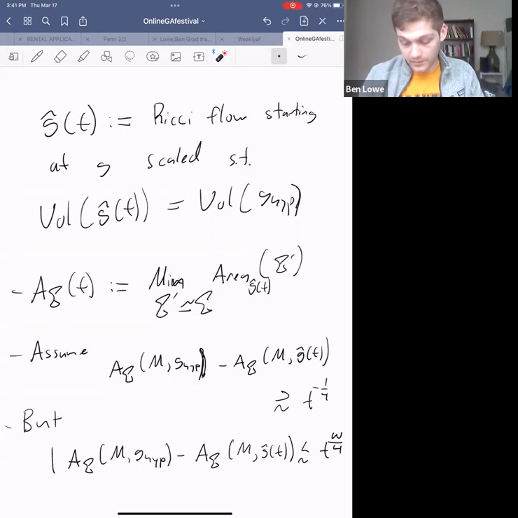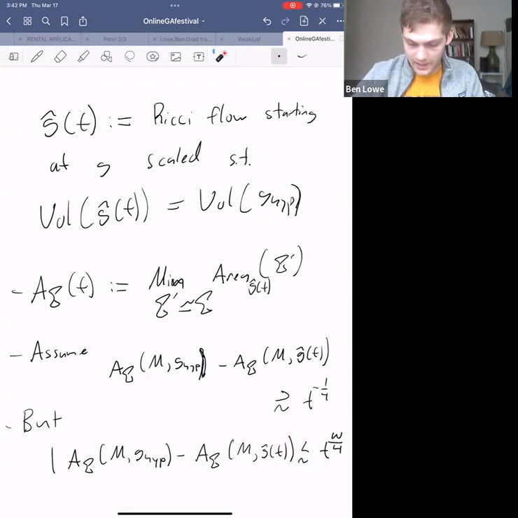On the other hand, for large t you're close to the hyperbolic metric, and by linearizing the Ricci flow at the hyperbolic metric you get a stability analysis. You get that g hat of t is converging back to the hyperbolic metric fast enough that, by comparing the area forms of the two surfaces based on how close the metrics are, you can get this inequality.